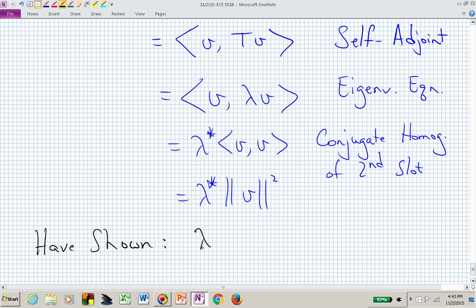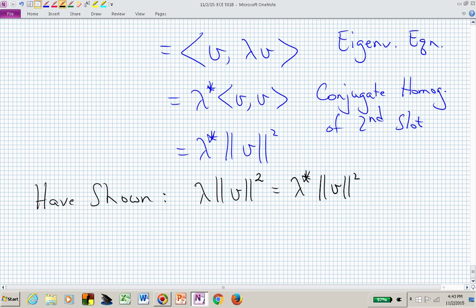I've now shown that lambda times the norm of v squared is equivalent to, for what? What did we assume on T? That it was self-adjoint. That's equal to lambda star times the norm of v squared. And what was lambda and what was v? Lambda was the eigenvalue and v was the eigenvector.